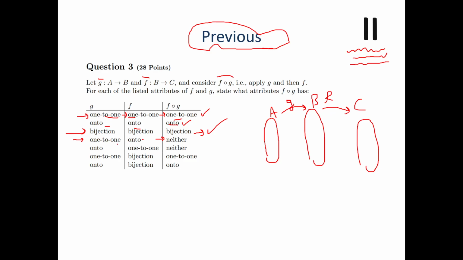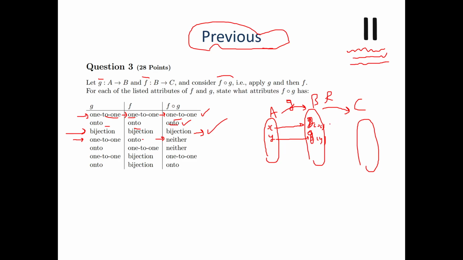G is 1-to-1. So we know for any x, y in A, G of x is definitely going to be different from G of y, since G is 1-to-1.